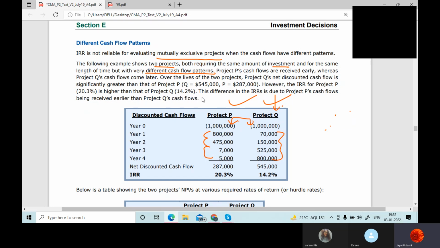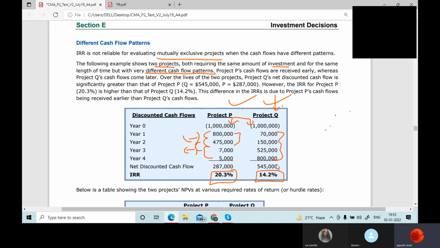Now, even though my cash flows are increasing, my IRR is less. My cash flows are decreasing, my IRR is more. Being mutually exclusive projects, here you see increasing cash flows and here decreasing cash flows. Whatever the difference is, I don't care. Here the cash flows are very negative, but here the cash flows are very much positive.